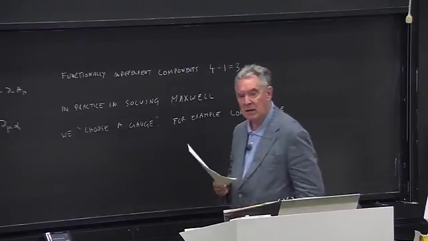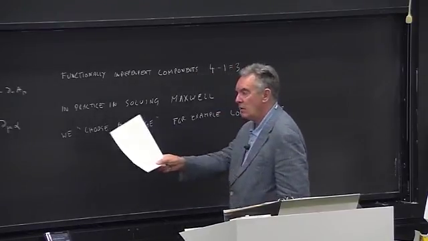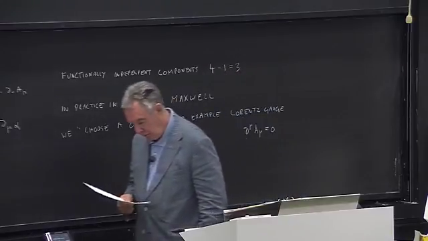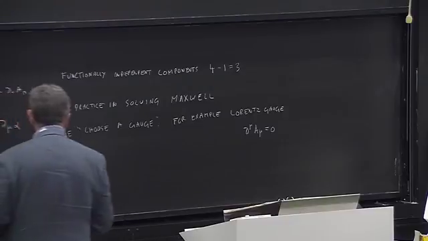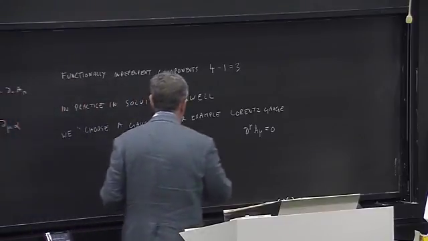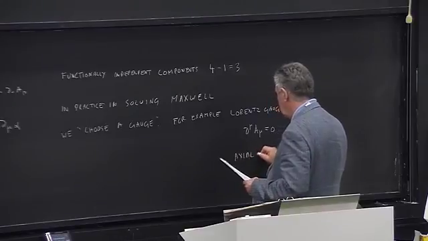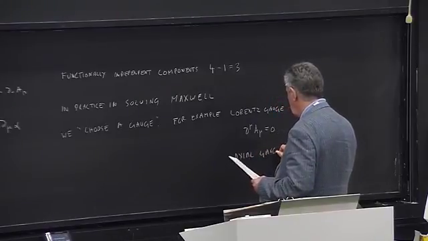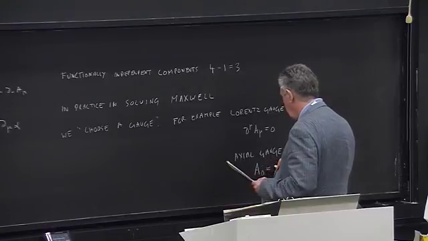Its purpose is precisely to fix the gauge and to fix the ambiguity associated with this degree of freedom. Another choice is the so-called axial gauge, which is just to set the naught component equal to 0.